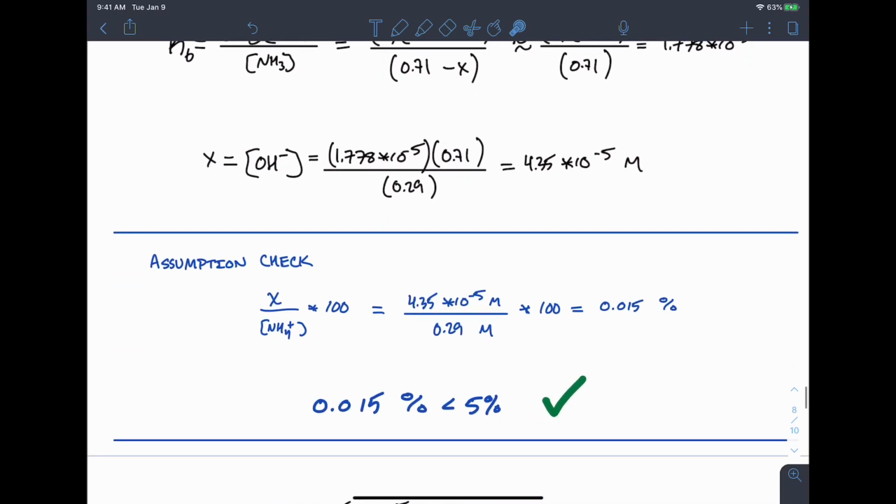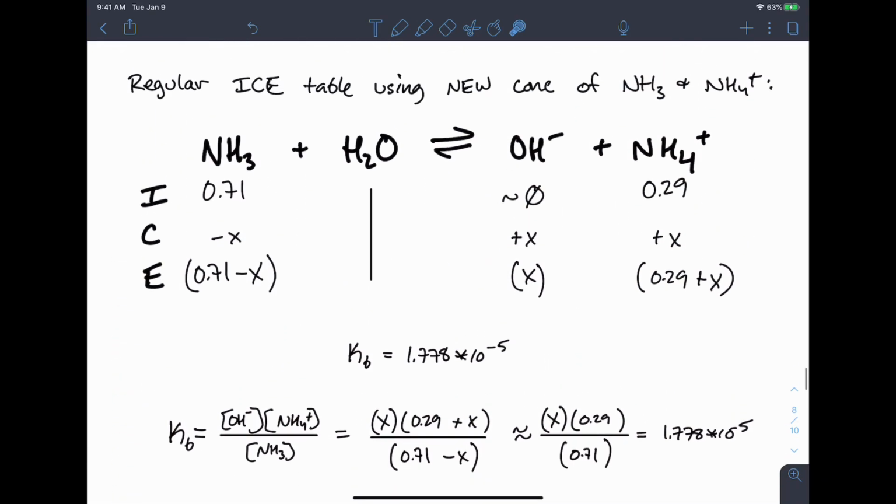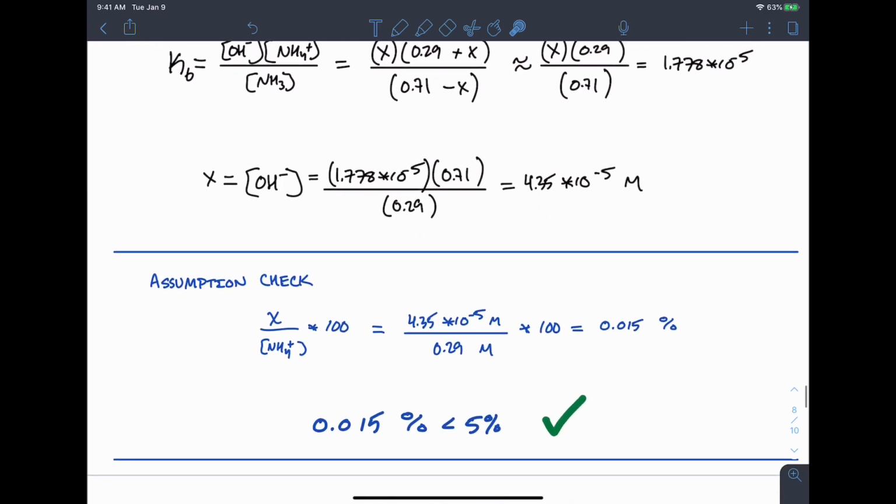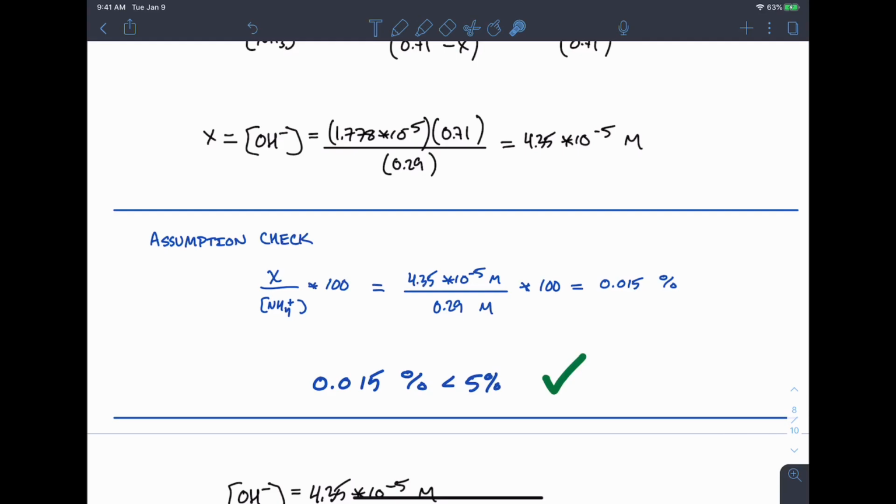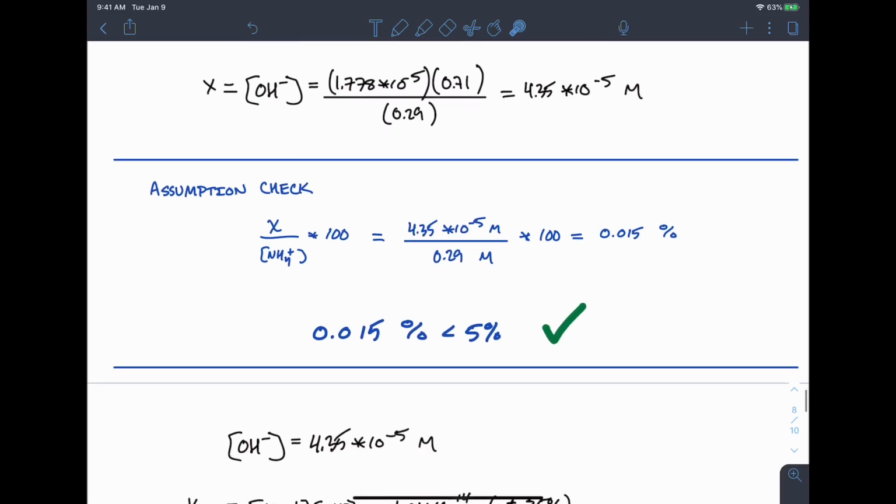We'll do a quick assumption check again. Notice I'm using ammonium this time again, because ammonium is present in the lesser amount. And so we have our x value divided by ammonium times 100, and that gives us a percentage of 0.015%, which is still less than 5%, so the assumption is still good.